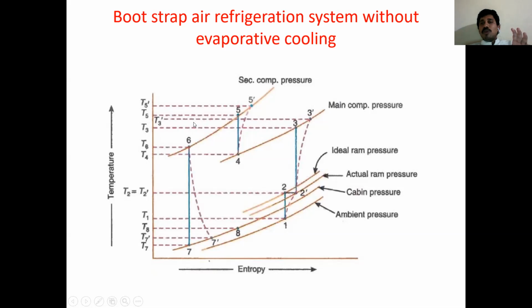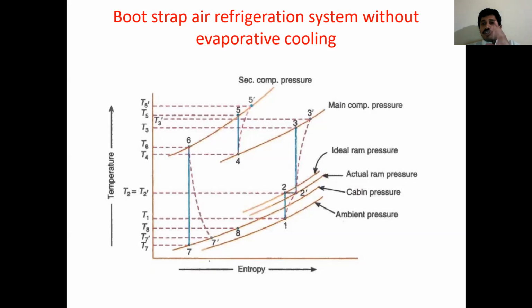If you get a problem on this, using these processes, we have to find out the unknown temperatures first of all. When we have all temperatures in the cycle, then we'll move to the objectives. Here we have to do compressor works. Power required to drive the system means total compressor work, that is, compressor work for the main compressor plus compressor work for the second compressor.